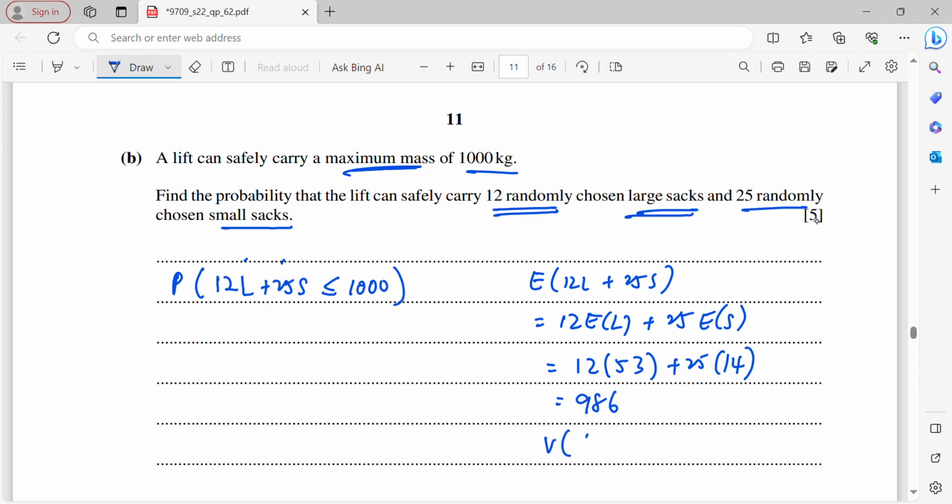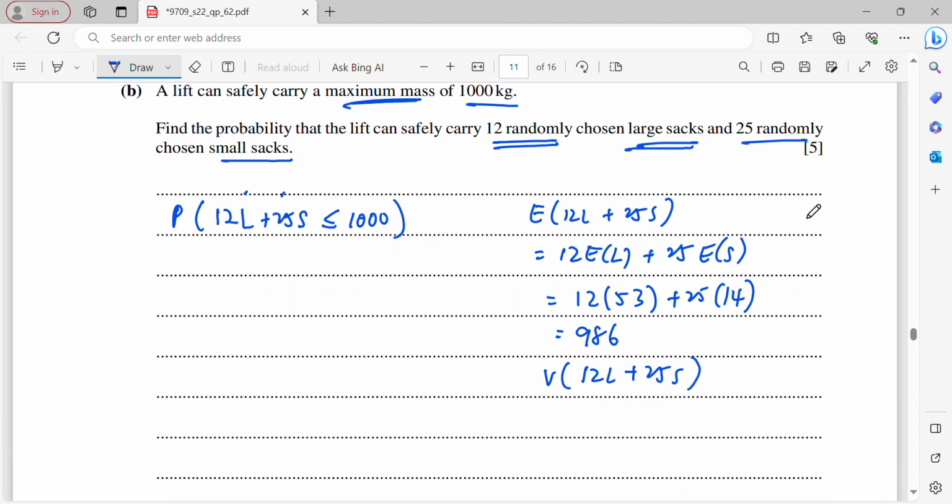So for the variance, 12L plus 25S. Now be careful with this question. This 12L is addition, okay? It is 12 large sacks, so you add. And the 25 is 25 small sacks, which means it's also addition. So for the variance, there is no need to square the 12 and 25.